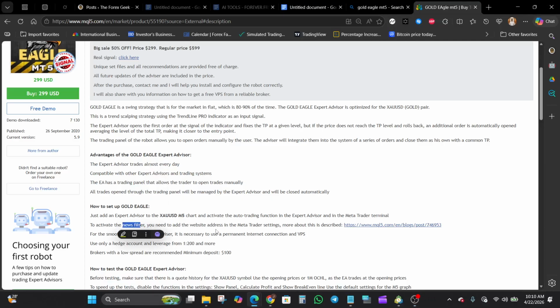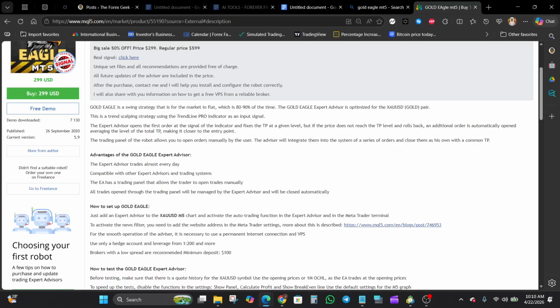This helps the EA avoid trading during major economic events, which is important because gold can be extremely volatile during news releases. But if you want to activate the news filter, you need to add the website address in the MetaTrader settings. Okay, you can read more about this using this link to this particular blog post.